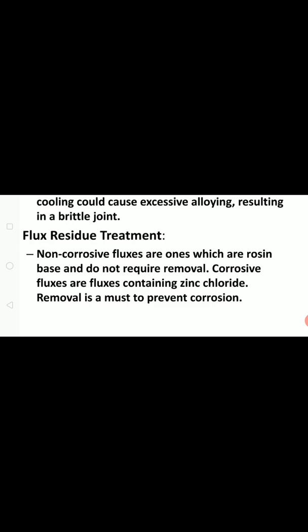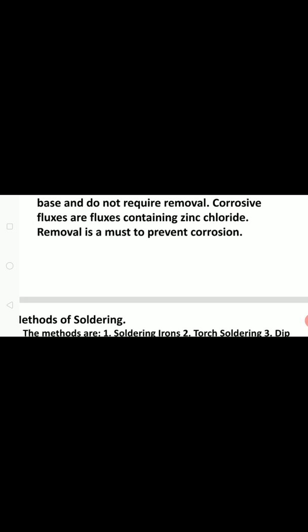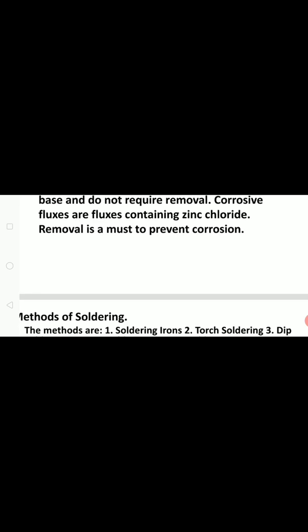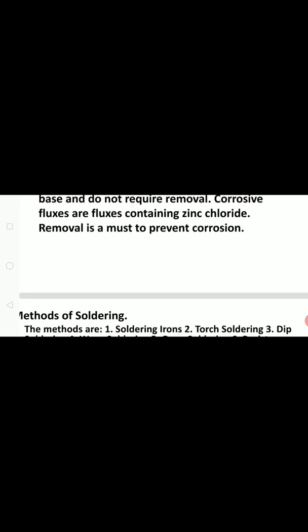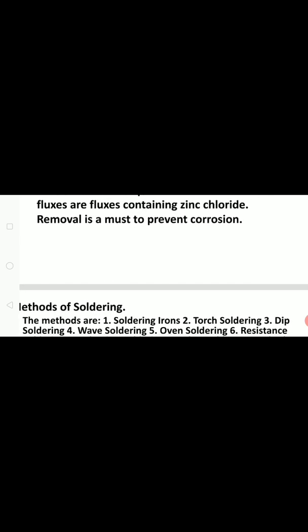Corrosive fluxes are fluxes containing zinc chloride. Removal is a must to prevent corrosion, as this residue may form corrosion. Therefore you have to clean after the joint is formed.